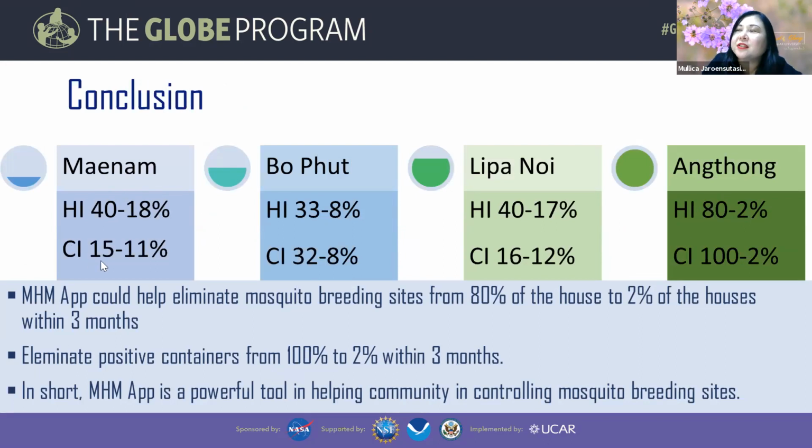The percentage of containers that found mosquito larvae also decreased, but the level of decrease varies between sub-districts. But I think, in short, the Mosquito Habitat Mapper app, if the local community adopts it, is a very, very powerful tool in helping communities control mosquito breeding sites in the area.